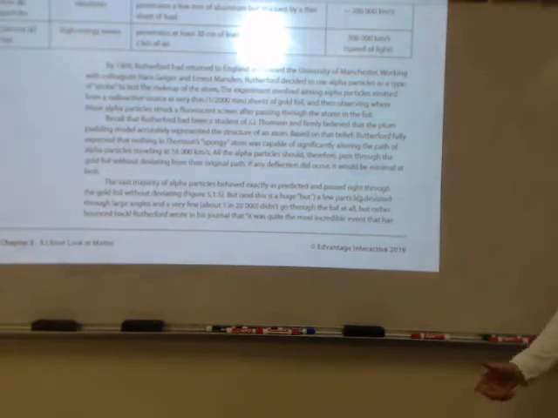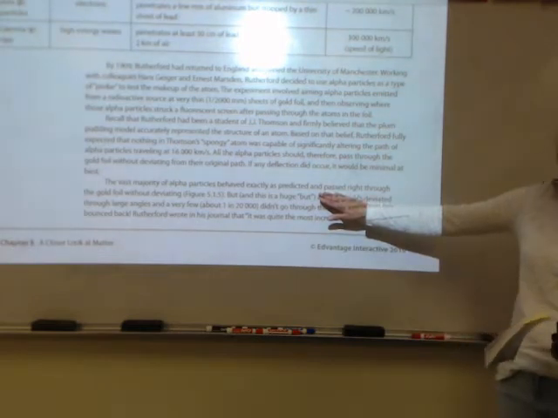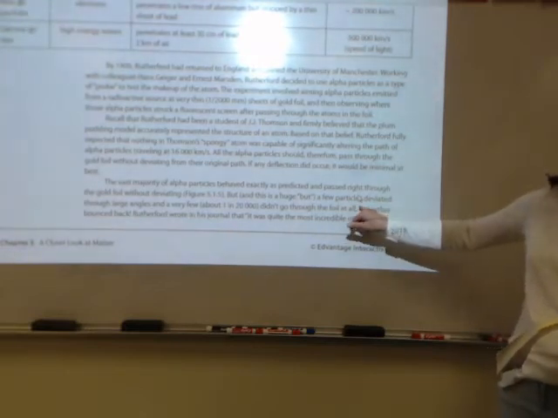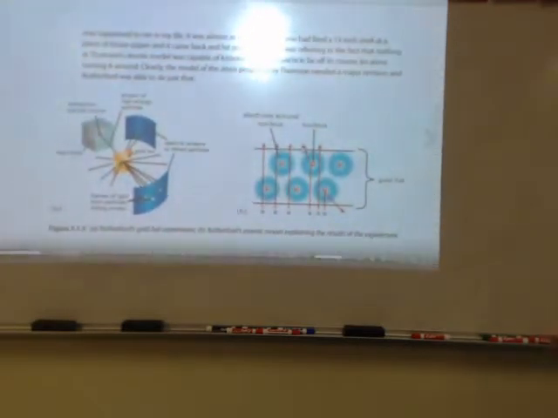But what was interesting was the majority of those alpha particles behaved as predicted, and they went right through the foil. But a few particles deviated through large angles, and very few didn't go through the foil at all. They bounced back. So this is an image of his gold foil experiment.